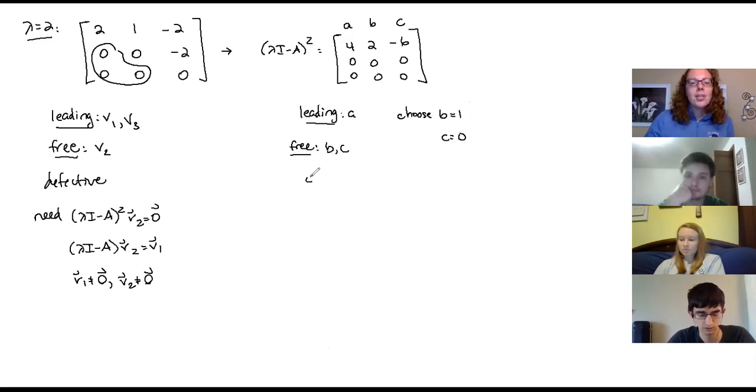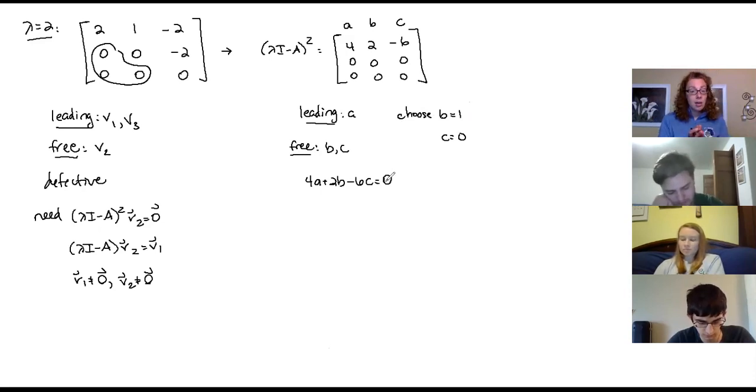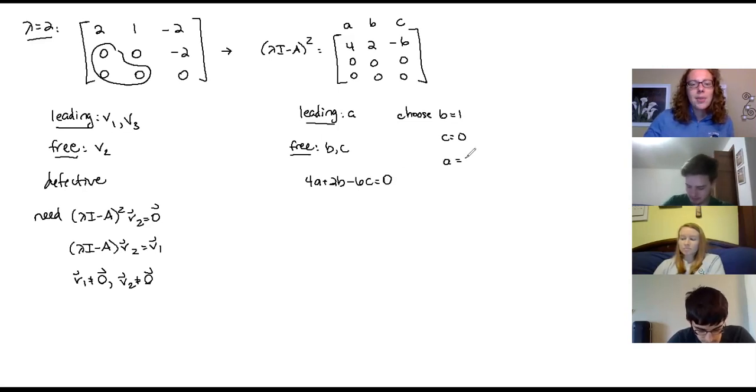And then my other equation is 4A plus 2B minus 6C equals 0. If you solve for A, doing some quick mental math, A is equal to -1/2.